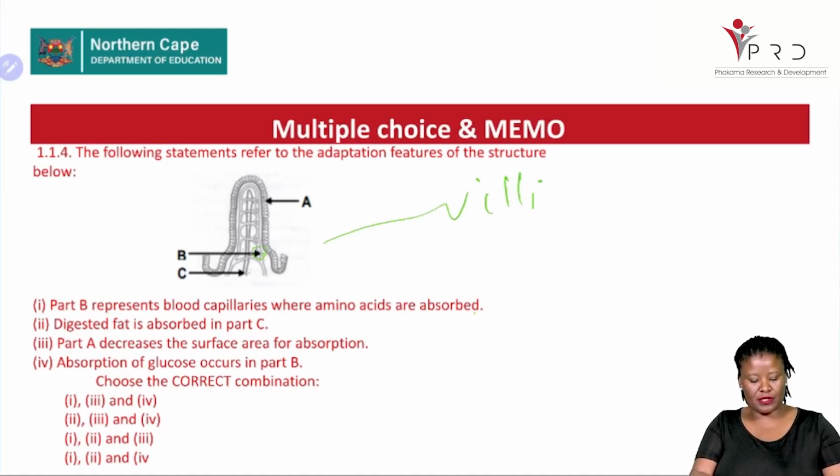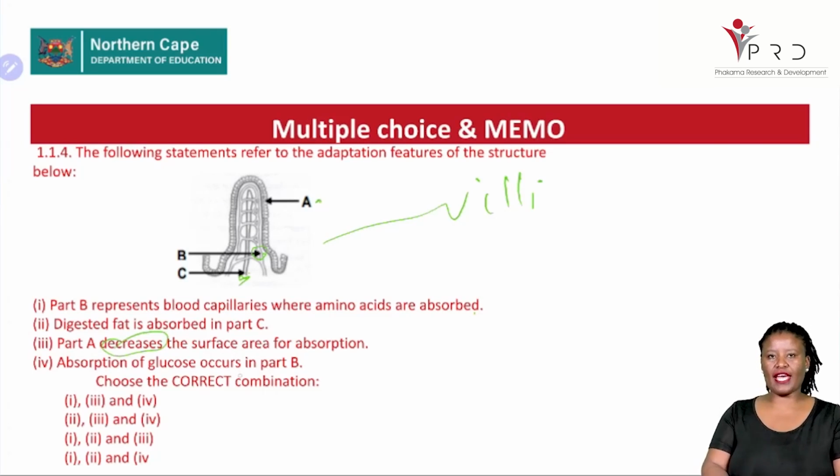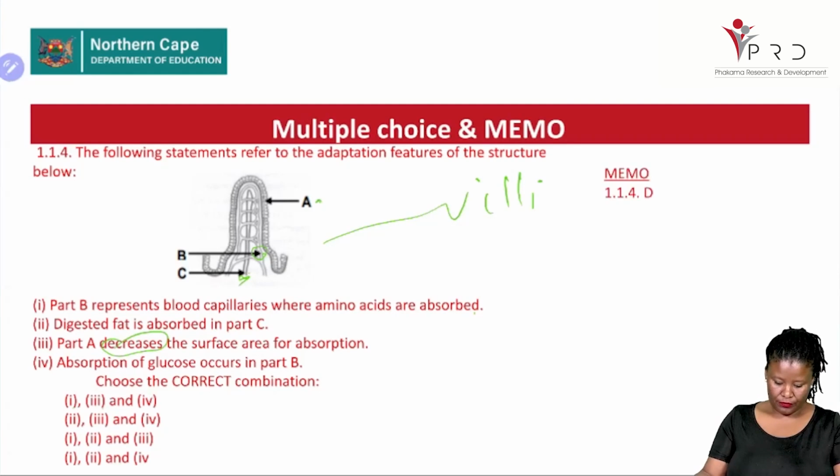Are they absorbed at part B? Digested fat is absorbed at part C. Part A decreases the surface area for absorption. Absorption of glucose occurs in part B. So you must choose the correct combination. Is it number 1, number 2, or number 4?